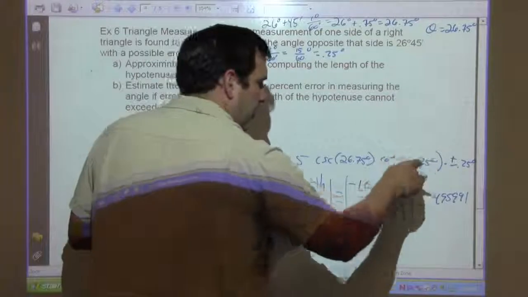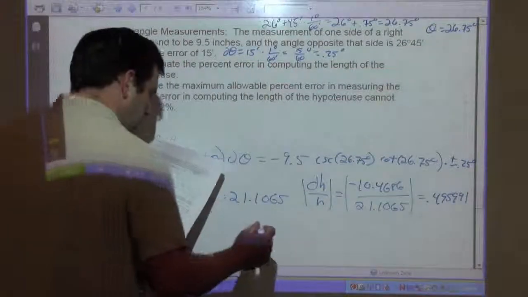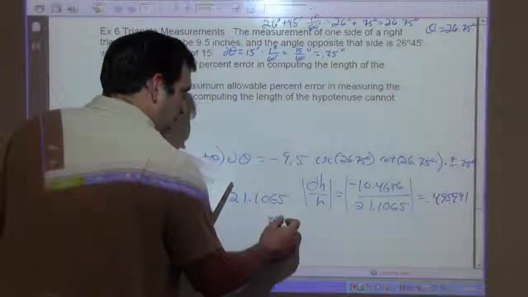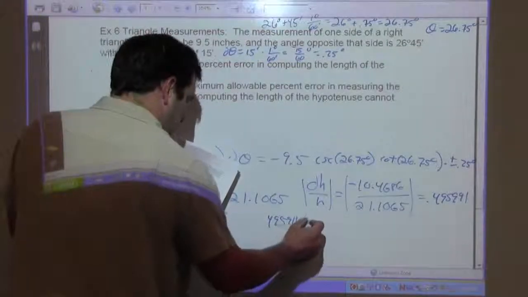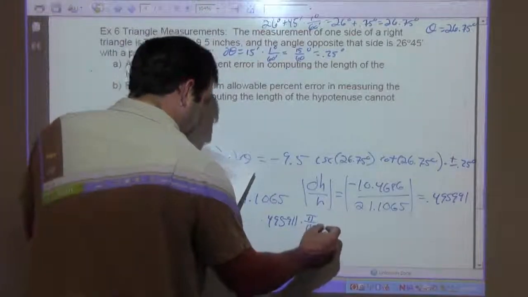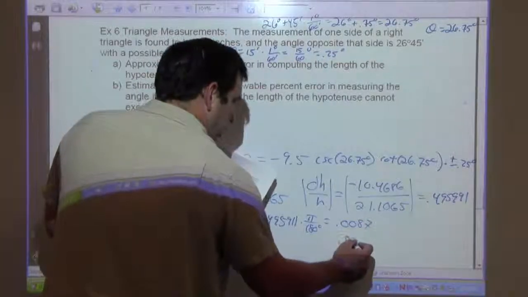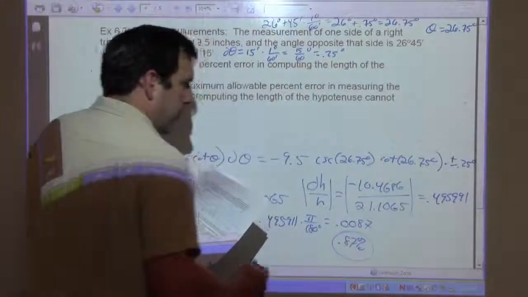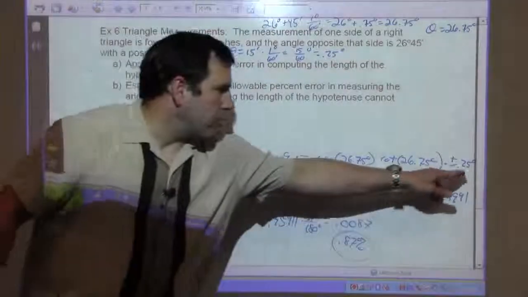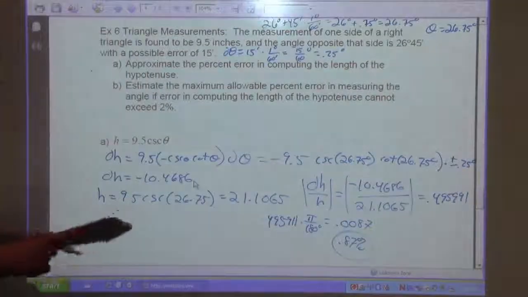But this is in terms of degrees. If you want it in terms of radians, we would do 0.495991 times pi over 180 degrees, and we're going to be at 0.0087 or 0.87%. Because we really can't leave it in degrees with this in degrees here.